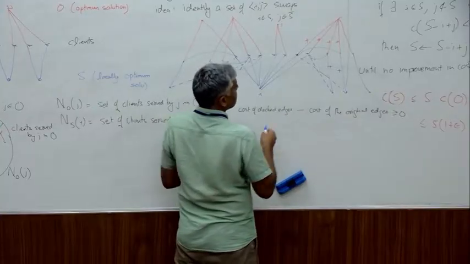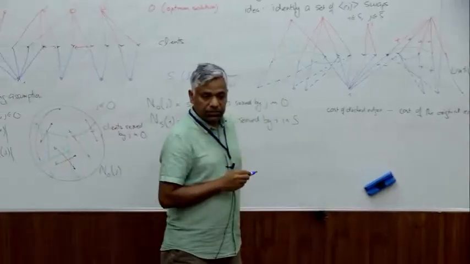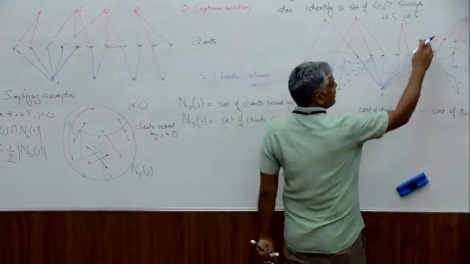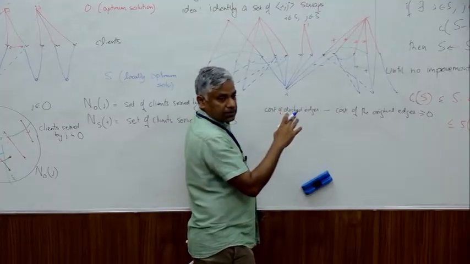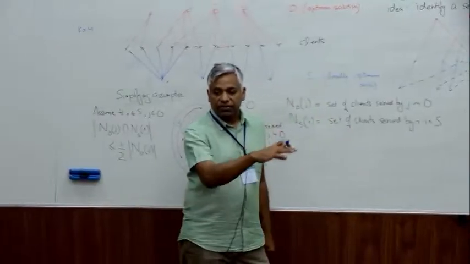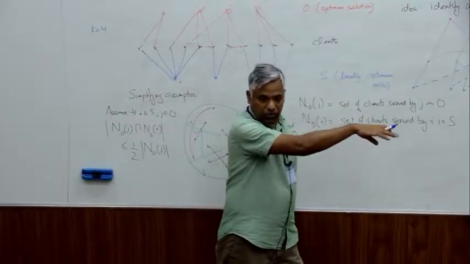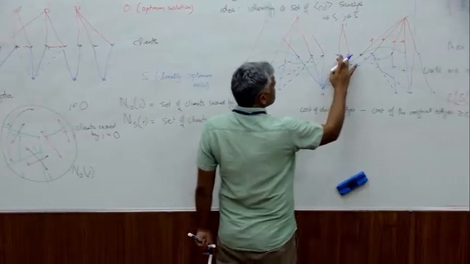What is getting minused out? This is getting minused out and this is getting minused out in this expression. So we are saying that these plus edges and these minus edges is greater than or equal to 0. I'm just, instead of writing mathematical expressions, trying to give you a pictorial proof for this entire thing. What about these?